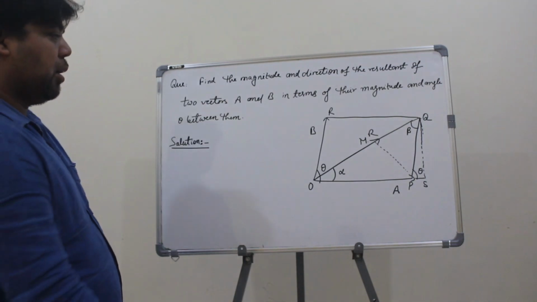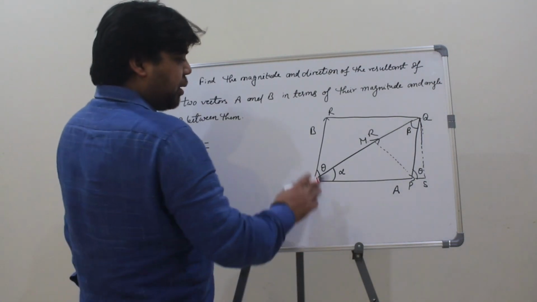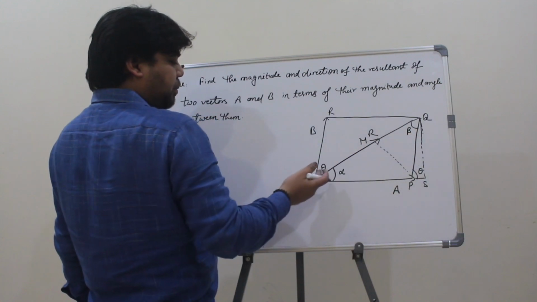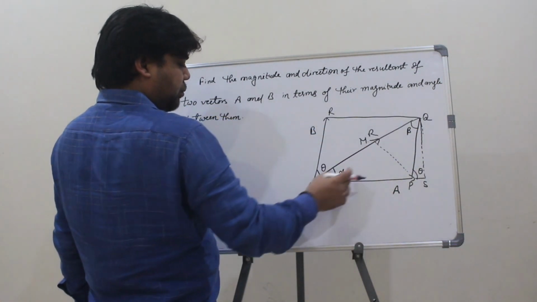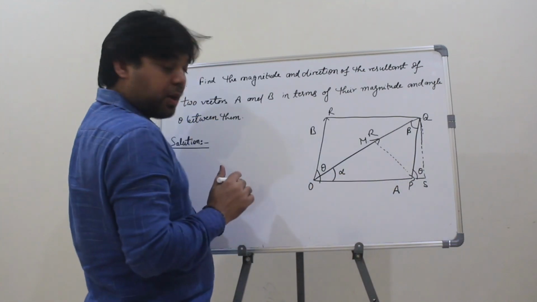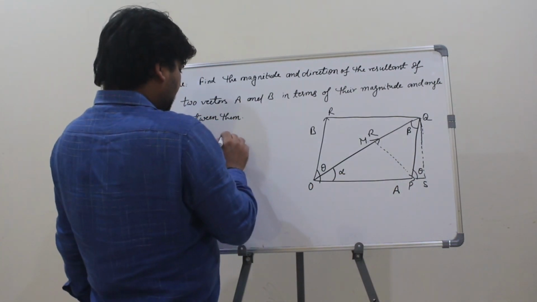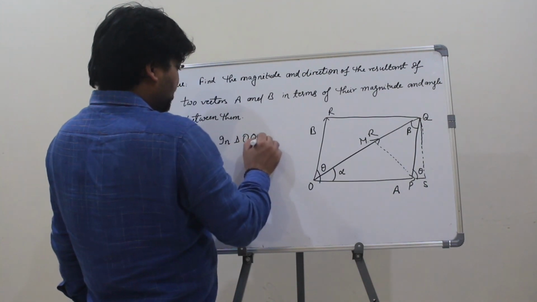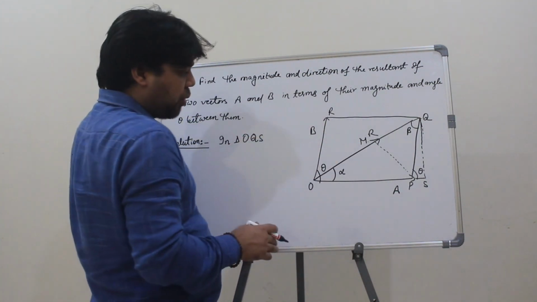To find the relation between these, first we will use the triangle OQS. This is a simple geometric relation we are trying to derive.